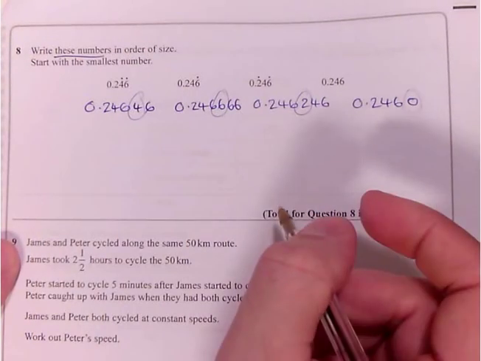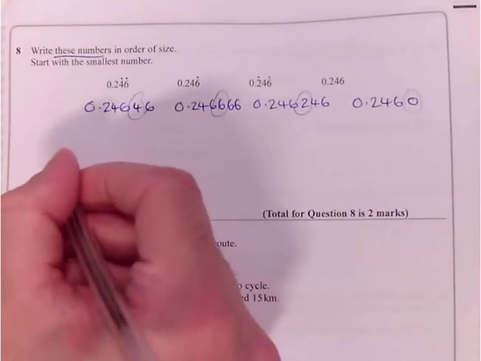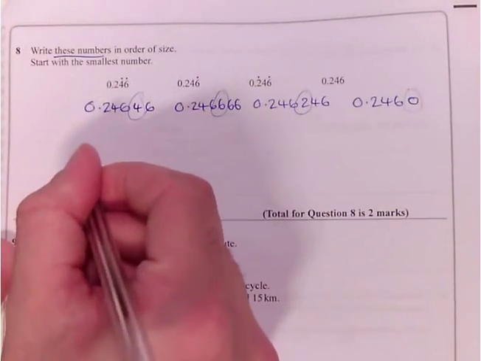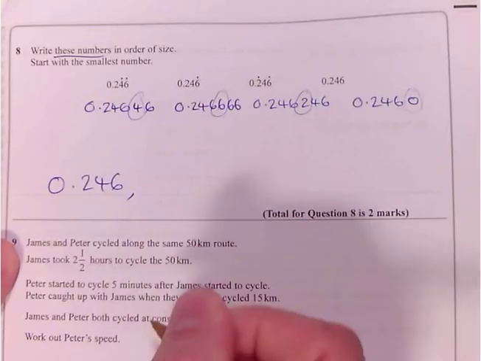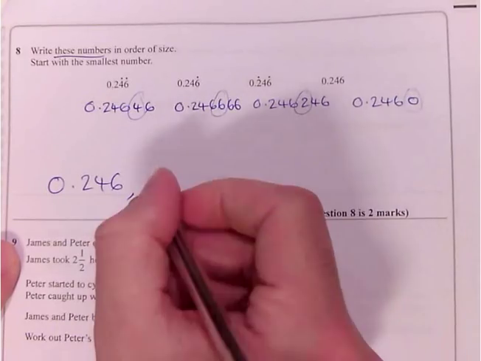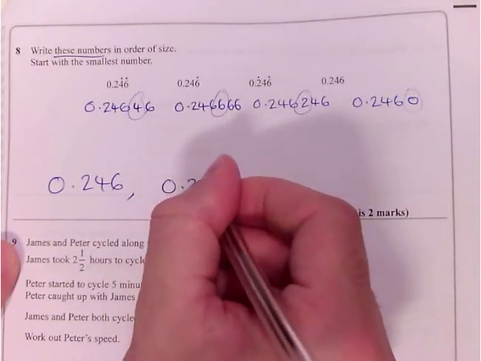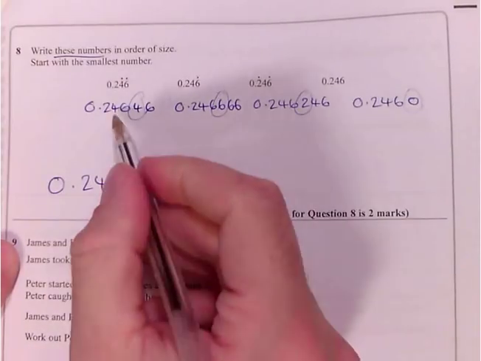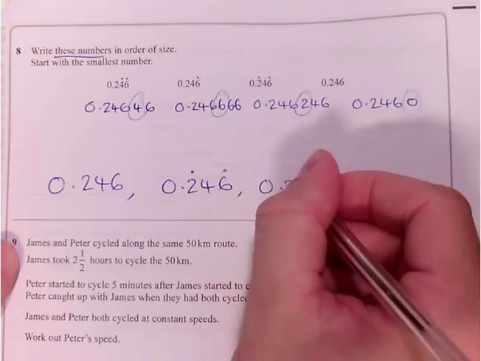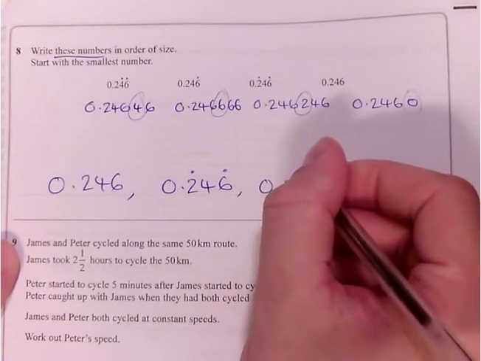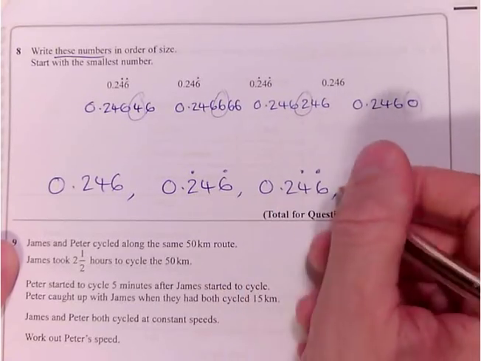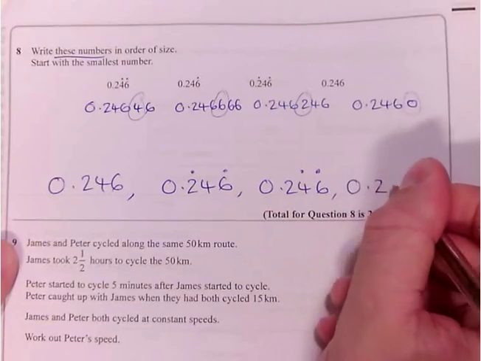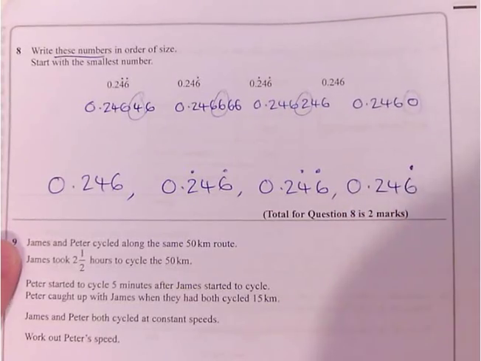Now that was the smallest one, so 0.246. The next one was that one, 0.246 with a dot there and a dot there. Then it's that one, 0.246 with a dot there and a dot there. And finally 0.246 with one dot there. There we go, 2 marks.